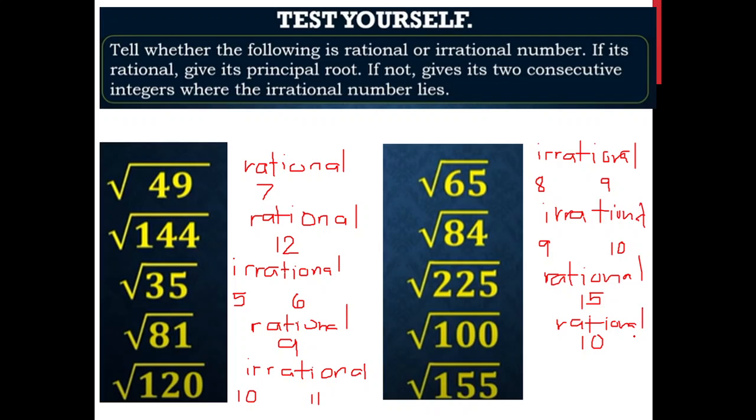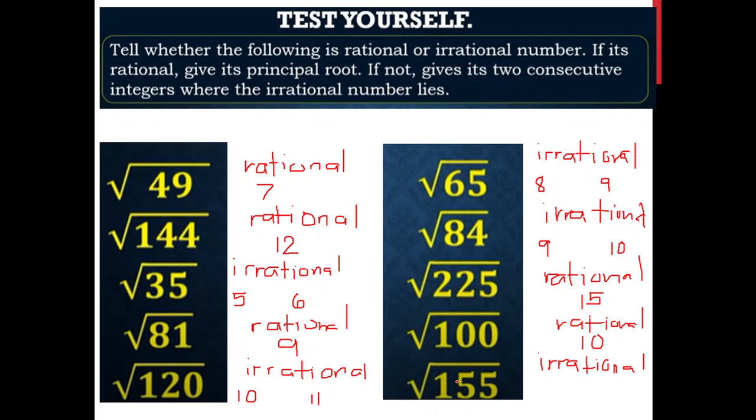How about the square root of 155? Is the square root of 155 a perfect square? No. This is an irrational number. Now, where does the square root of 155 lie between?